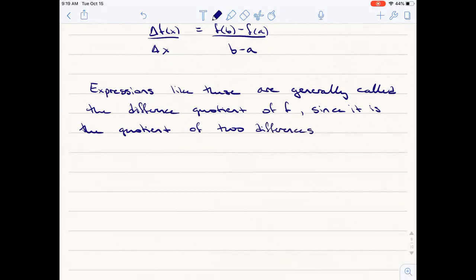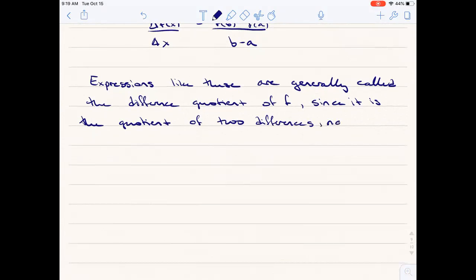Surprise. Namely, the change in f of x, so delta f of x, and the change in x, delta x.